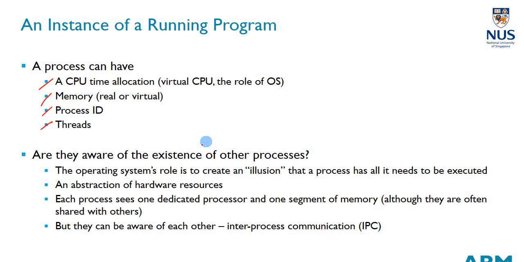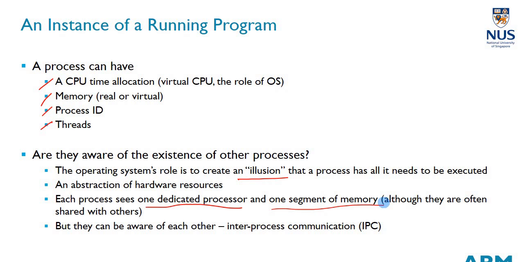One of the things about an OS is that it creates the illusion for a process that it has all the resources to itself. It has the idea that it has the CPU to itself, the memory to itself, and all the resources to itself. Each process sees one dedicated processor and one segment of memory.